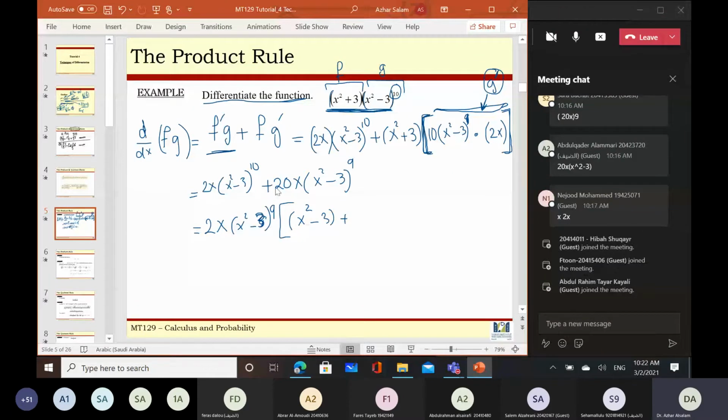Plus, I take 2 from this, so 10 remains. I take this as a common factor and this as a common factor, so maybe this is the simplest form. I can leave it like this, or simplify it more by taking common factors.